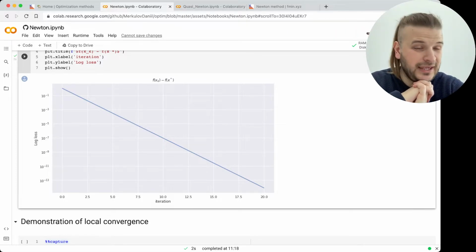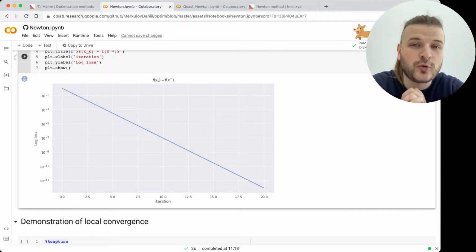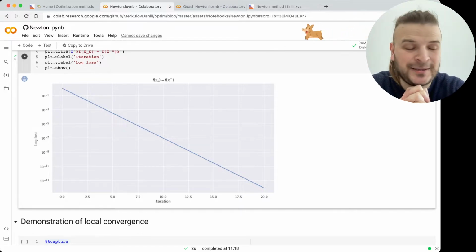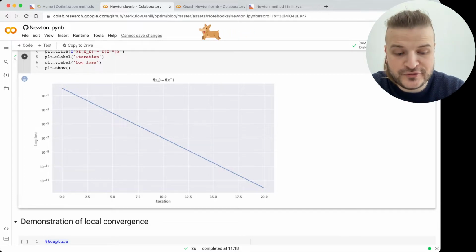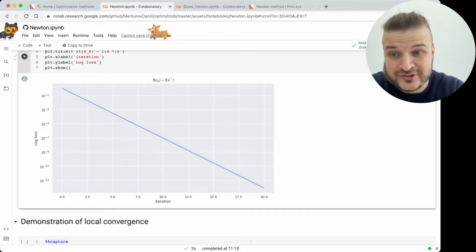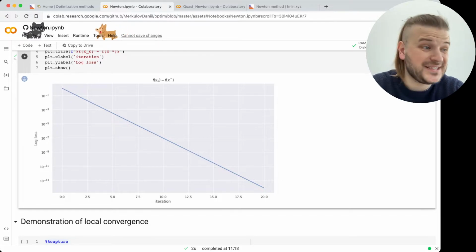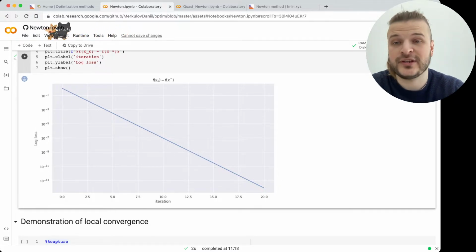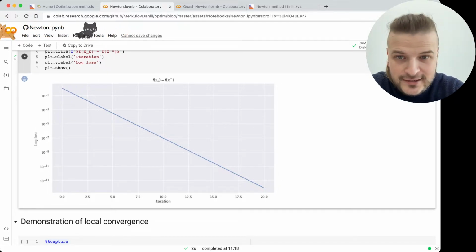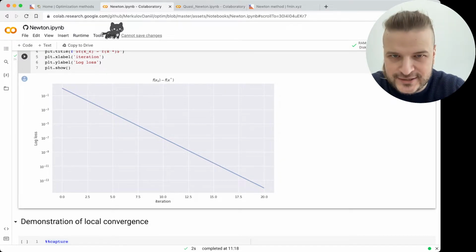It's pretty okay. We have a convergence here, but the problem is that this type of convergence is obviously linear because we have a line on the logarithmic plot. That's bad because such a type of convergence could be obtained using a simple gradient type method.